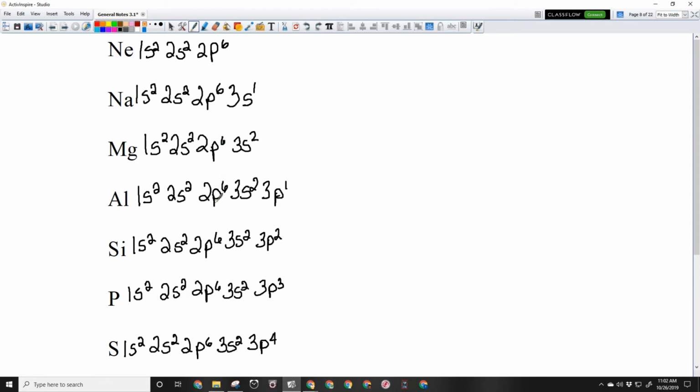It's the same here for aluminum to this point. It's the same for silicon to this point. What we do is we take the last noble gas, which is neon, at the end of that period, and we write neon.